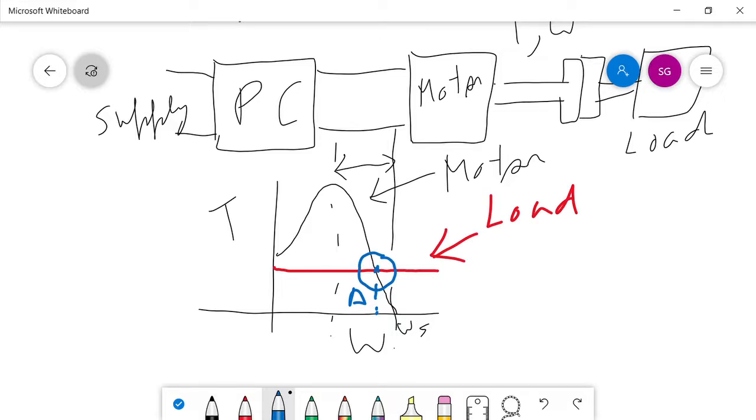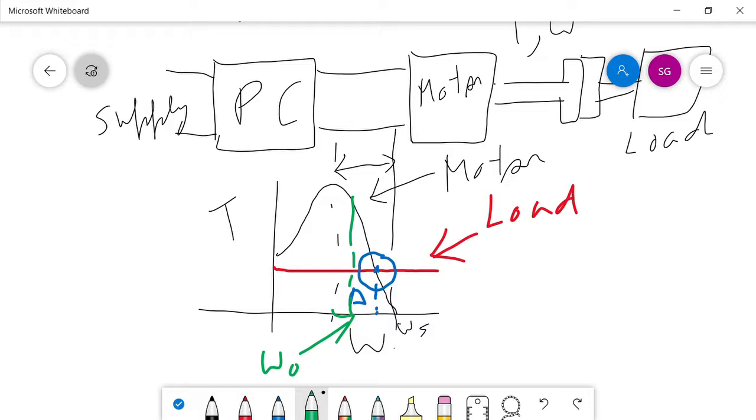If this motor needs to run this load, it has to operate at this point A, where the torque of the load is equal to the motor torque. Let us say that we want to run this motor at some other operating speed, omega naught. We need to run the load, but here the characteristic is not matching.